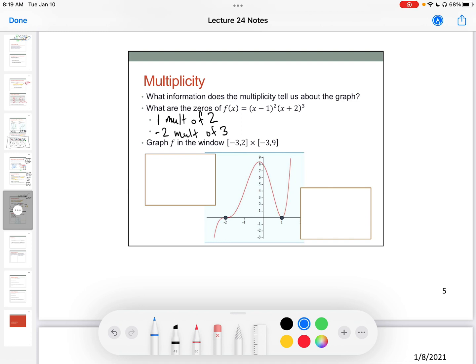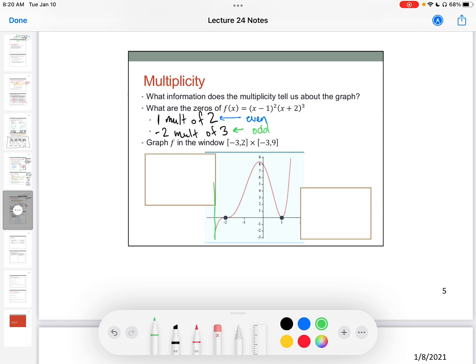So I could say that 1 has a multiplicity of 2, which is even, and negative 2 has a multiplicity of 3, which is odd. So negative 2 has a multiplicity that is odd.